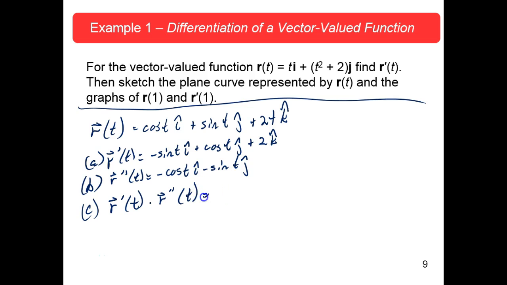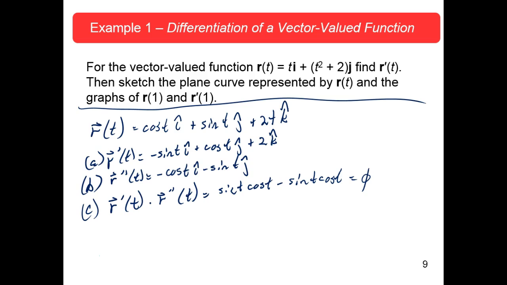Okay, so the first, multiplying these two together, what do you get? Sine t cosine t. And you multiply those two together and you get what? Minus sine t cosine t. And what does that give you? 0. Sure enough, and this is basically always the case. A function dotted with its derivative is always 0.